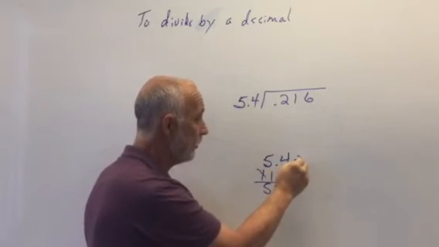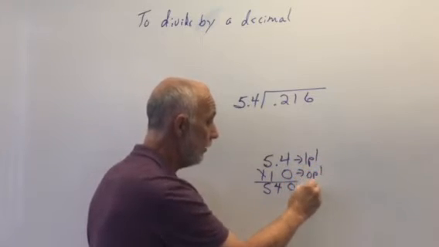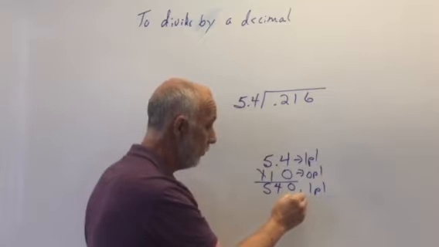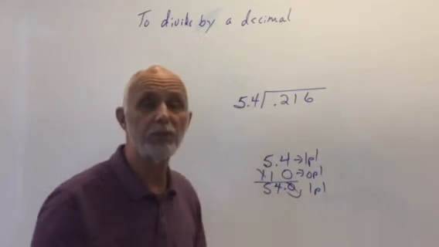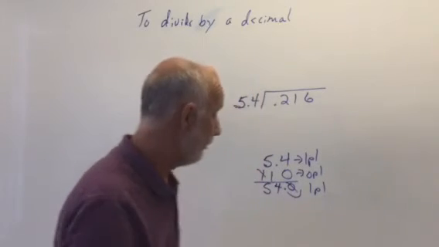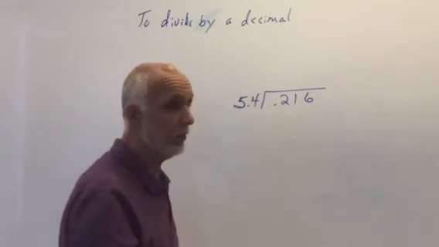Count the total number of places behind the decimal of the problem, one place and no places. Give me one place in the answer. Move one place over, and sure enough, I can drop the 0, and I have the whole number 54. So that's how you could change this to a whole number.